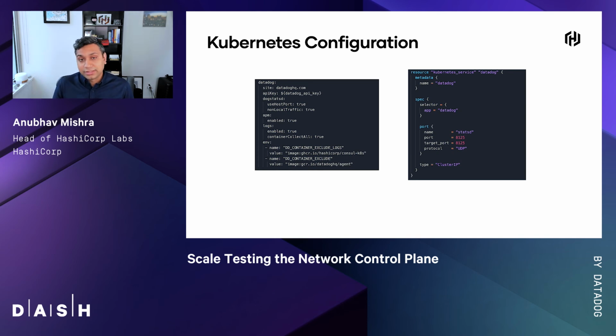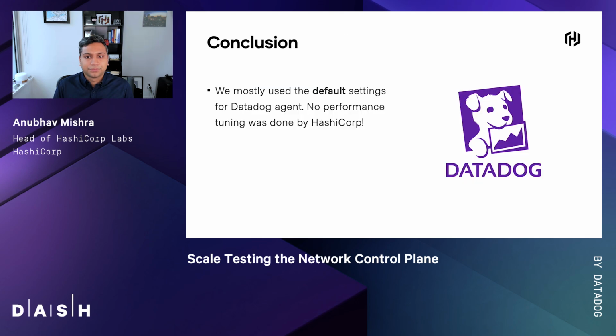On the right, you see a Kubernetes service that we created to send StatsD data that might be coming from some applications to the Datadog agents, to the Datadog StatsD port.